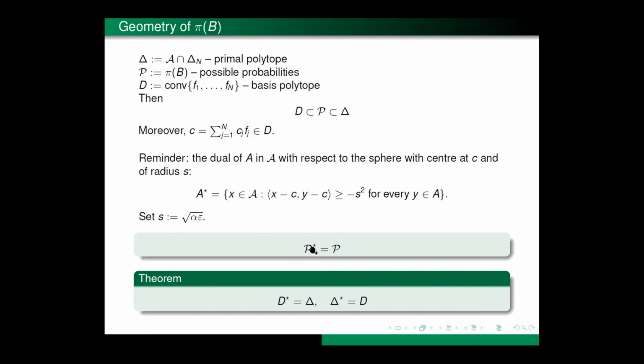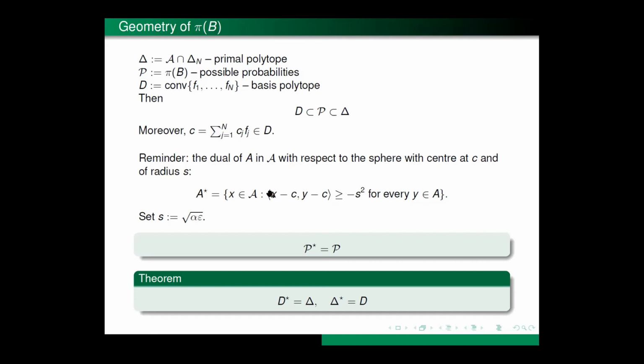Is this self-duality, the dual, the same as the polar that was mentioned before? This notion of duality: dual is polar with inversion. Dual is polar with inversion, with respect to this point C. Got it.